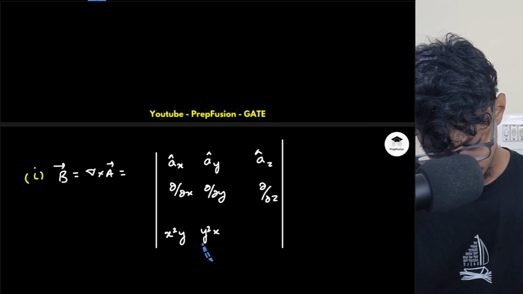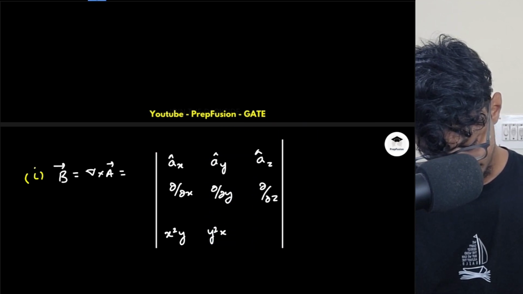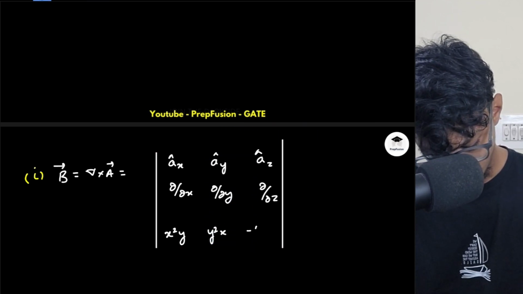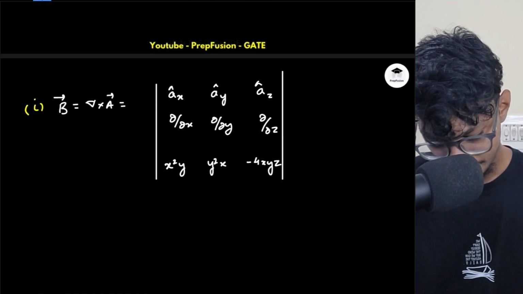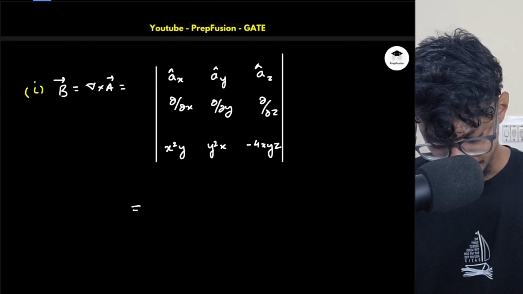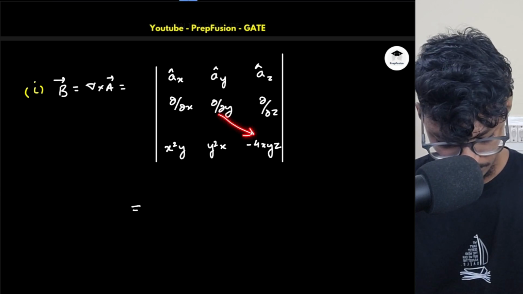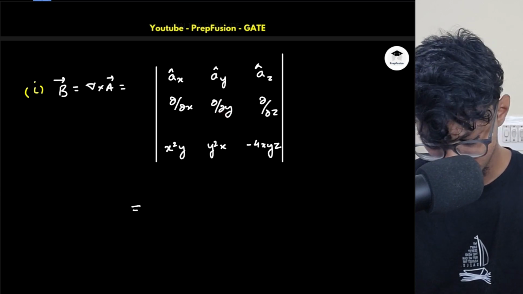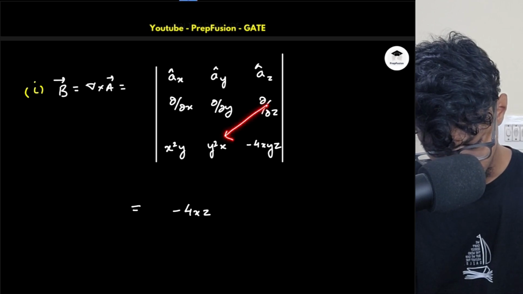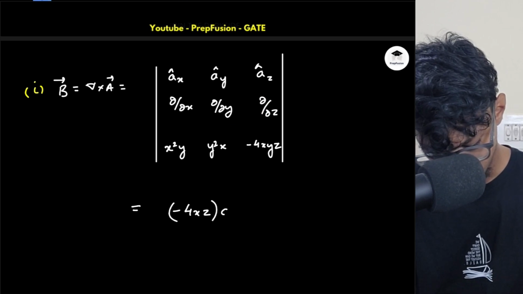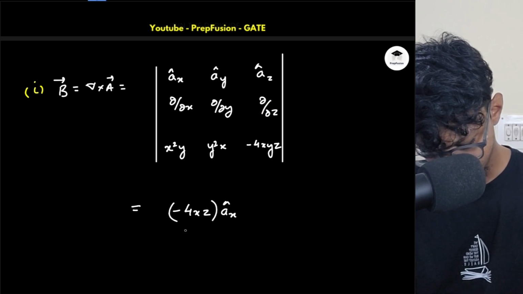Now if I solve it, this will be minus 4XZ, and this will be simply 0. So minus 4XZ AX cap.